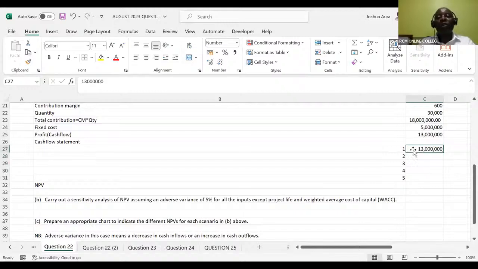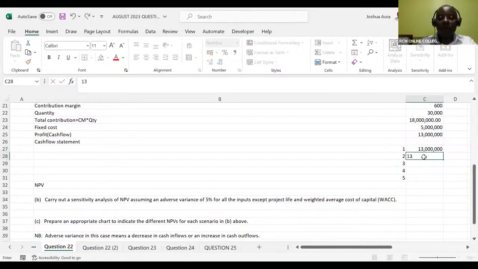For 5 years. You can come and drag this, but for now, use the longer way first. Every year we are enjoying that 13 million. I'll be teaching you the shortcuts later, but for now, every year I'm enjoying this 13 million.